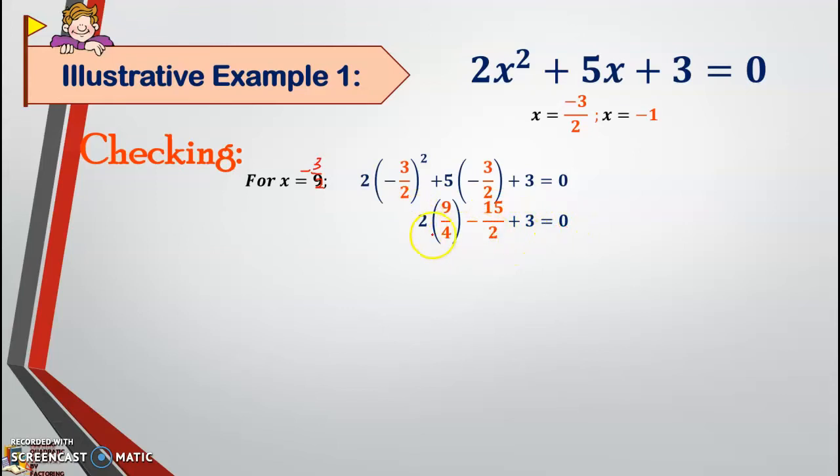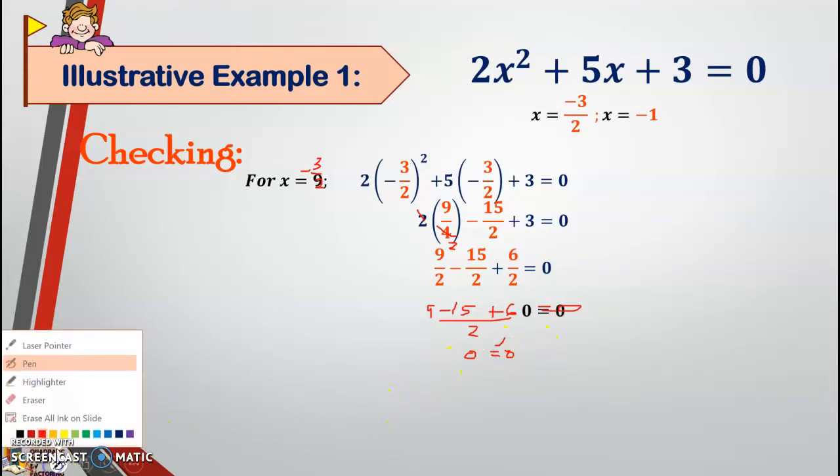So 9 over 2 minus 15 over 2 plus 6 over 2, which is basically 9 minus 15 plus 6, equal to 0 all over 2, so 0 equal to 0.